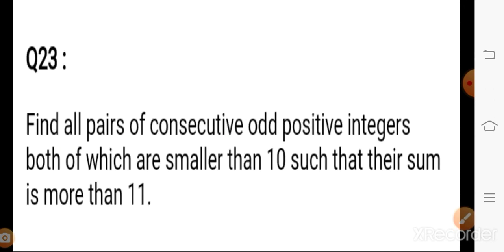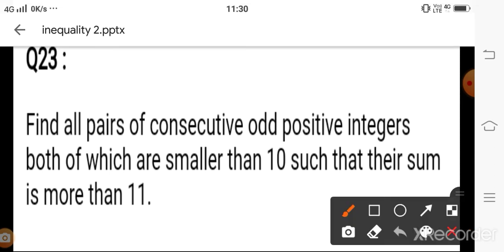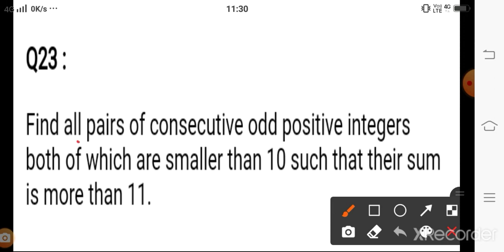Let us solve one more statement problem. The question is, find all pairs of consecutive odd positive integers. The odd positive integers are 1, 3, 5, 7, 9 and so on. Similarly, the even positive integers are 2, 4, 6, 8. The difference is 2.